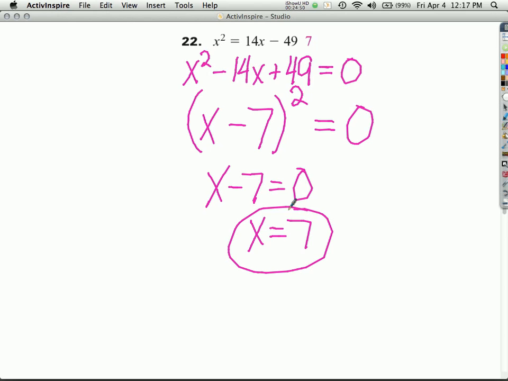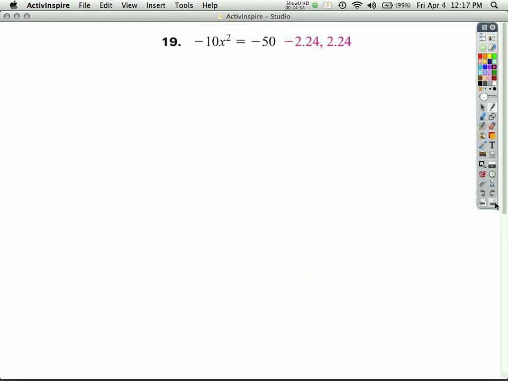Comments, questions, concerns? Okay, Chris, you also pointed out number 19, I believe. Number 19. Could someone tell us what method should be used for this one? Really don't recognize it already? It's been 2 days and you don't recognize it? Kayla? Square roots. Divide both sides by -10, you get x squared equals 5.